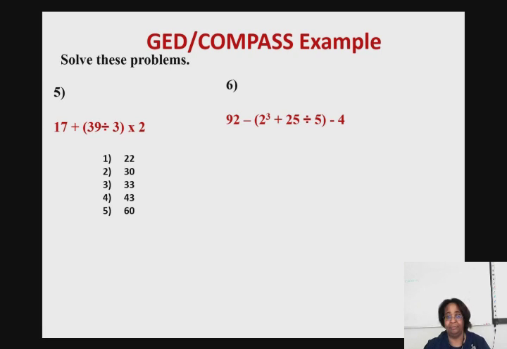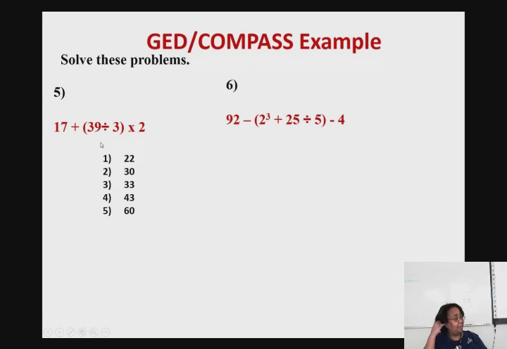Number 5. 60? Okay, so what did you do first? 39 divided by 3 is 13. And then what should I do after that? You should do 13 times 2. That's 26, right?